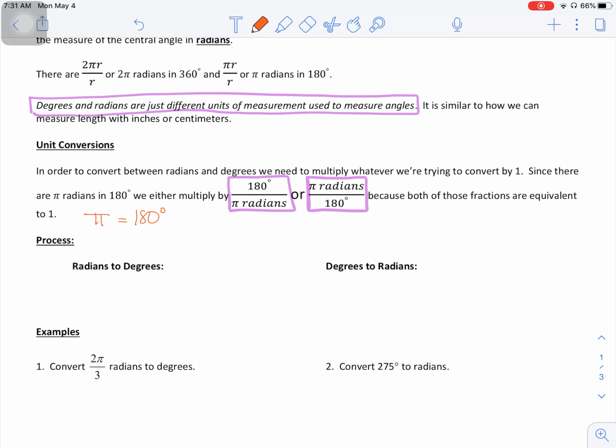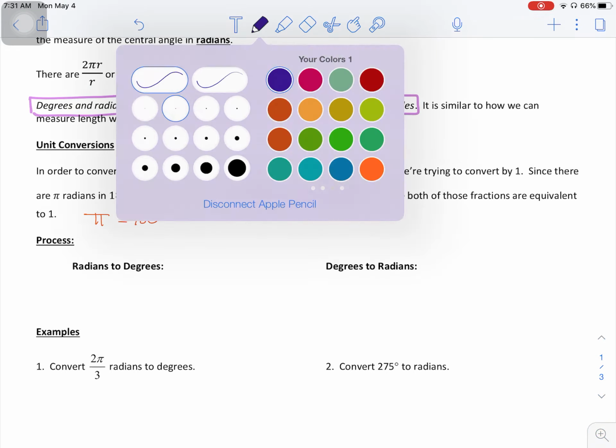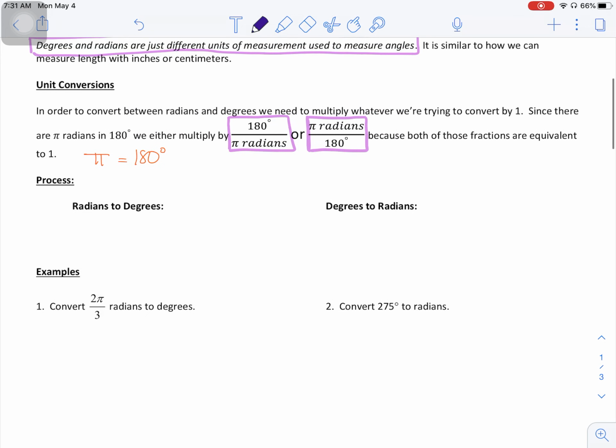Okay, so same thing. So when we are dealing with these conversions, if you have radians, okay, and you want to convert to degrees, you are going to multiply by 180 over pi.